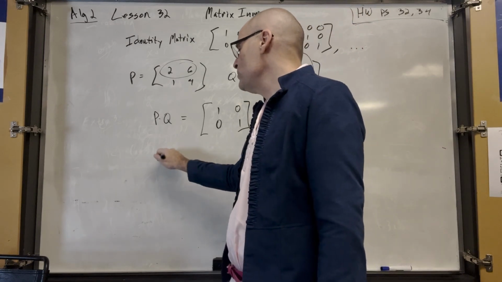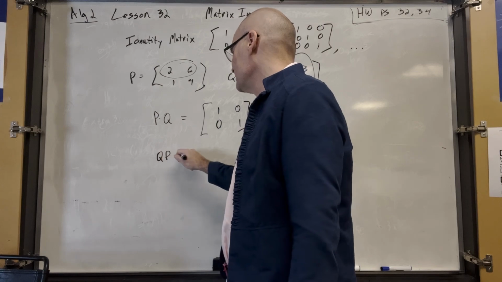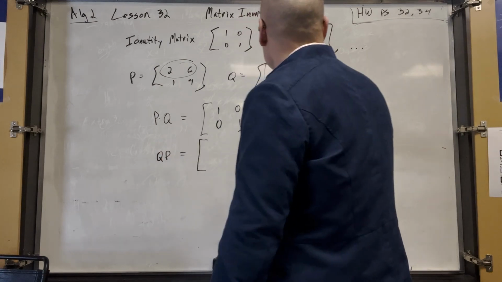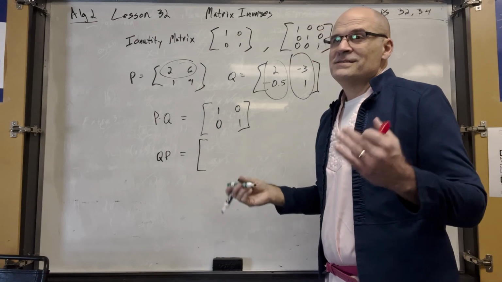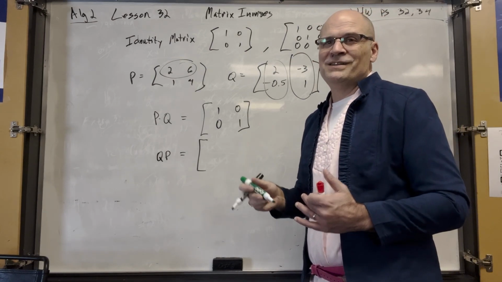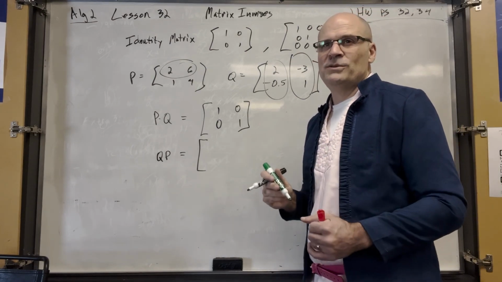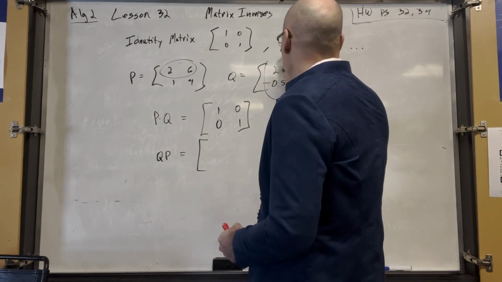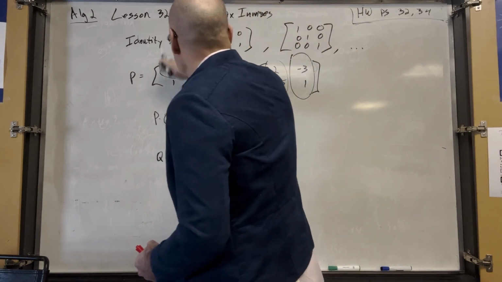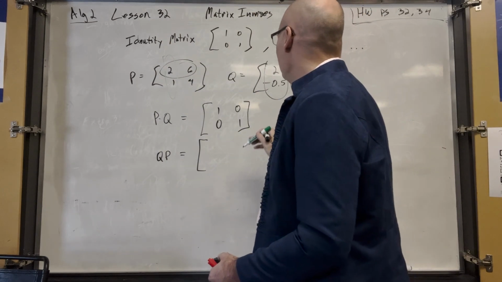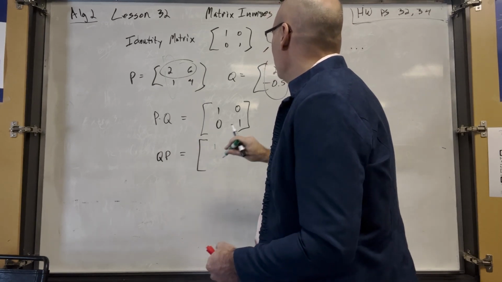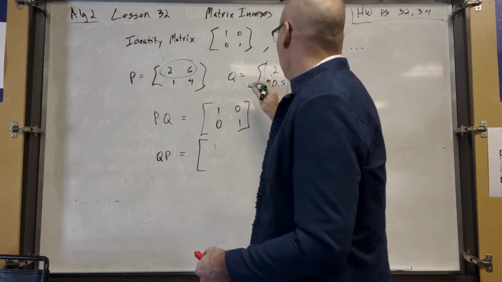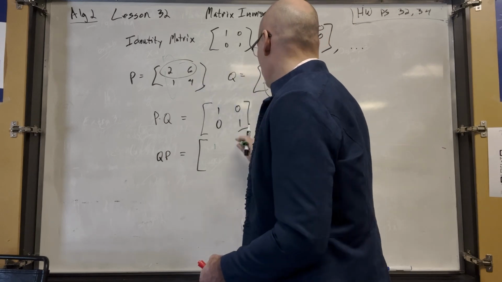Now let's try QP. What's QP going to be? It's going to be 1, 0, 0, 1. Matrix multiplication is not commutative, so this time we're taking this and multiplying by these columns. 4 plus -3 is 1. Then 12 plus -12 is 0.